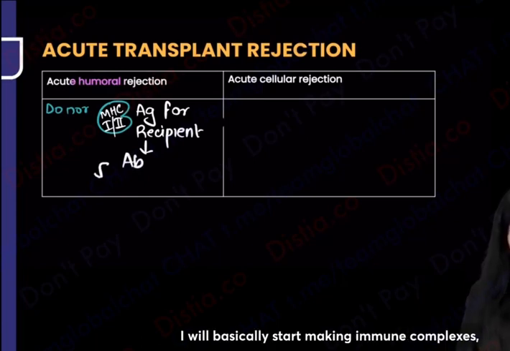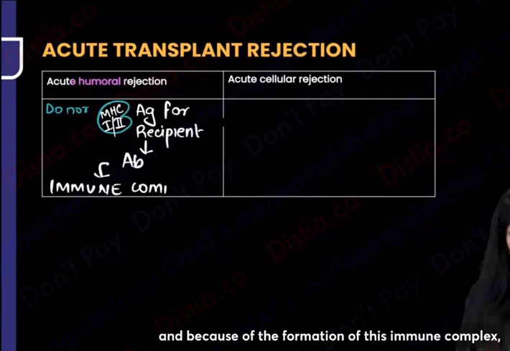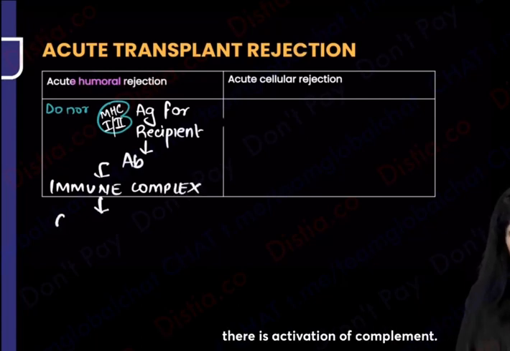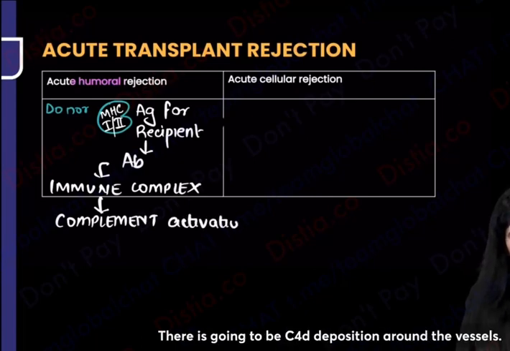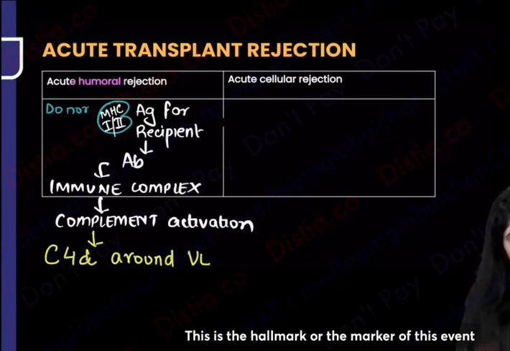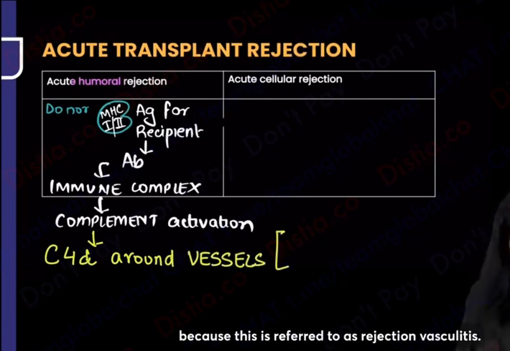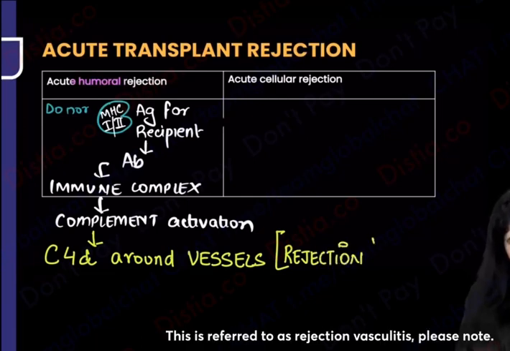I will basically start making immune complexes. Because of the formation of this immune complex, there is activation of complement. And because of the activation of complement, there is going to be C4D deposition around the vessels. This is the hallmark or the marker of this event, and this is referred to as rejection vasculitis.